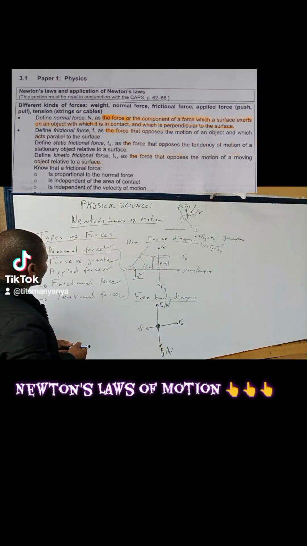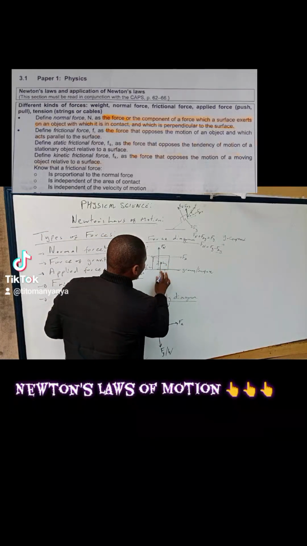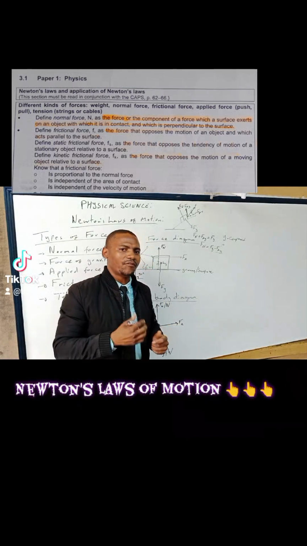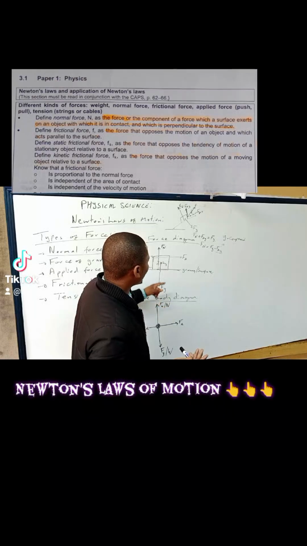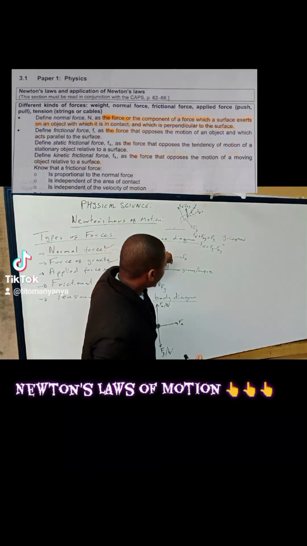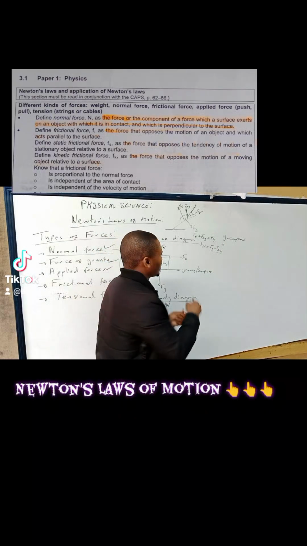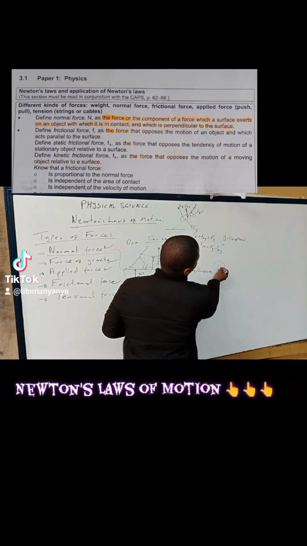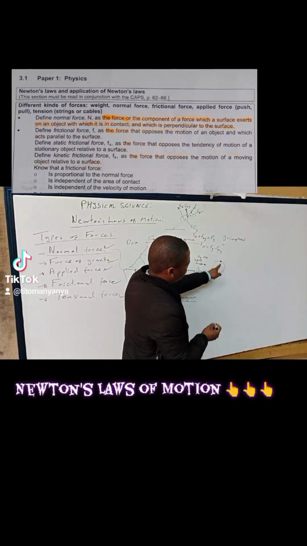Then, force of gravity. You must know that force of gravity is a force that the earth exerts on an object that is on or near the earth's surface. Let's say this is the earth. If the object is here, that means the object is on the earth's surface.